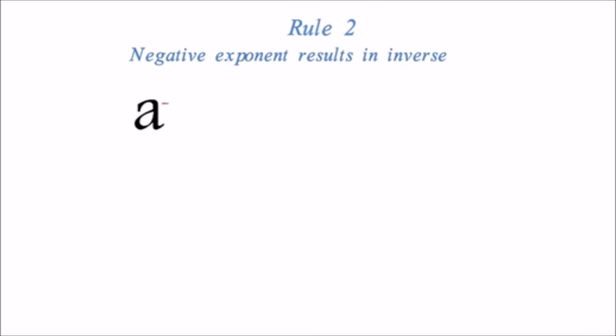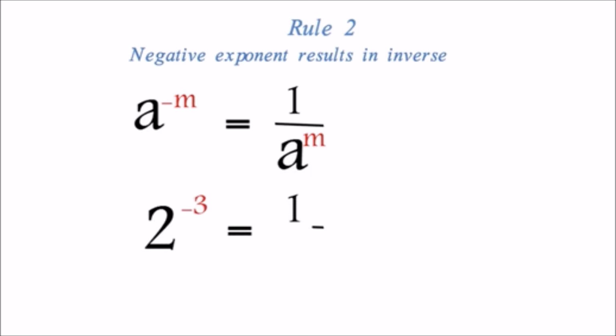Rule 2. The next important rule is on negative exponents. Negative exponent results in inverse. Therefore, a exponent negative m equals 1 over a exponent m. Example, 2 exponent negative 3 is equal to 1 over 2 exponent 3, which is equal to 1 over 8.